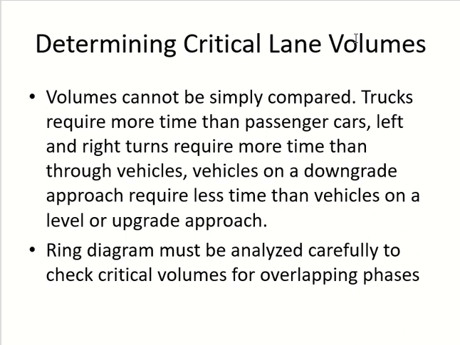I said the one which needs more time, right? But I only have what? Volume. So how can I decide on the basis of volume which needs more time, or which one is more critical? I cannot. Let us start with the one you already know: 3 lanes, all having different numbers of heavy vehicles. So how do I know which one needs more time? I only have a number, right? Got it?